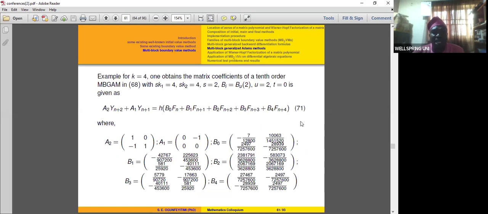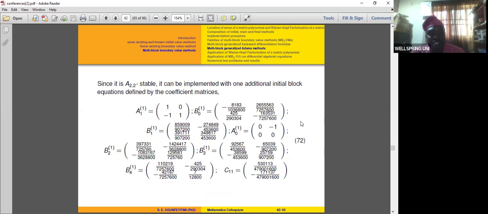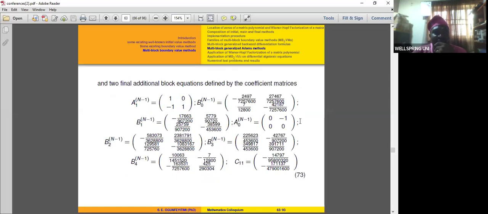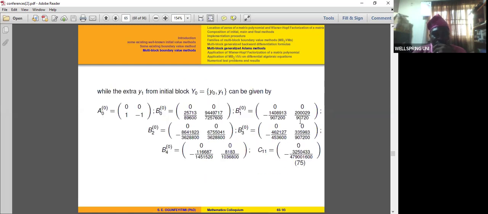Then we'll give one example. The example for k equals 4 is given in equation 71, where the coefficients are given below. We have the coefficients for A2, A1, B0 down to B4. Since it is A2 stable, it can be implemented with one additional initial block, given by the coefficients here, and two final additional blocks, which are given in equations 73 and 74 as well.